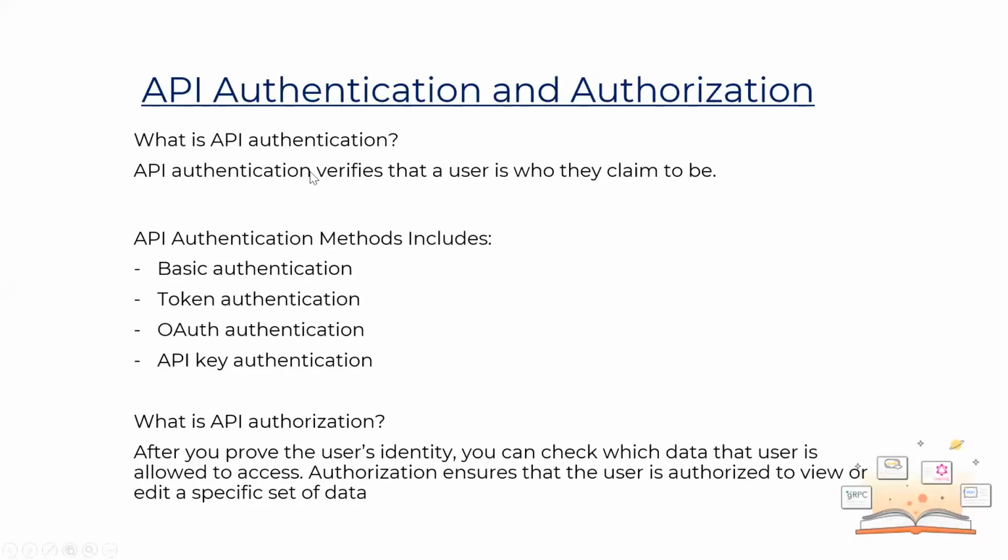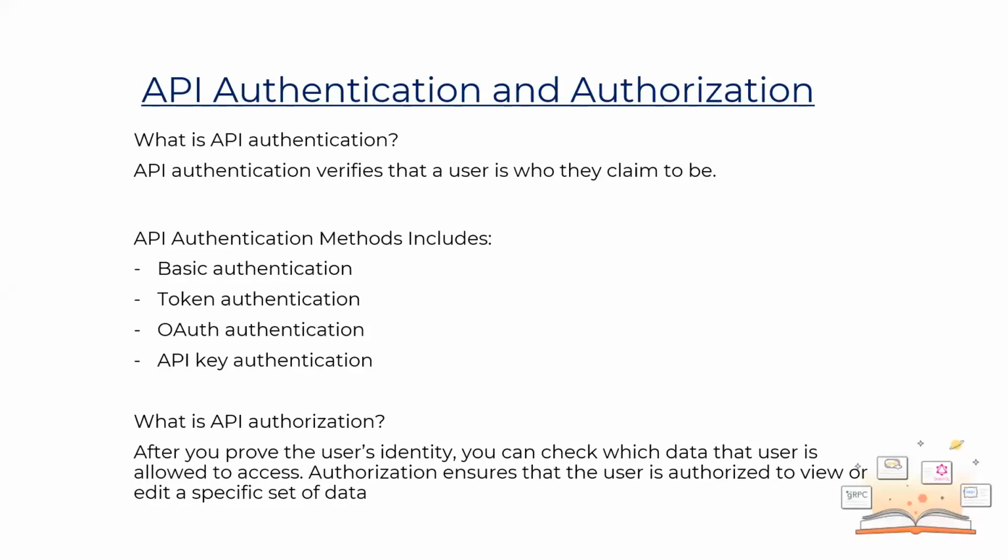So authorization, what is authorization? After you have proved a user's identity, you can now check which data that user is allowed to access, which is my very simple explanation using an e-commerce website. An admin should be able to see things related to him as an admin. A user should be able to see things related to him as a customer.